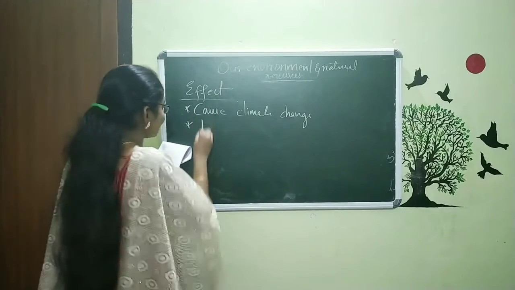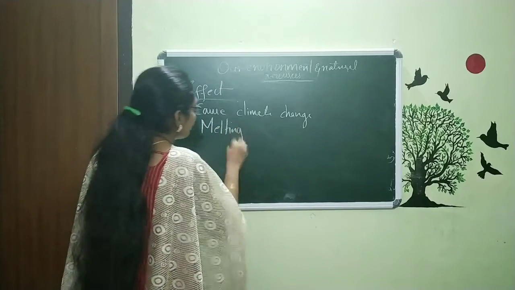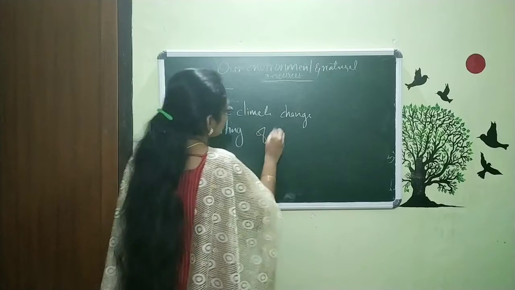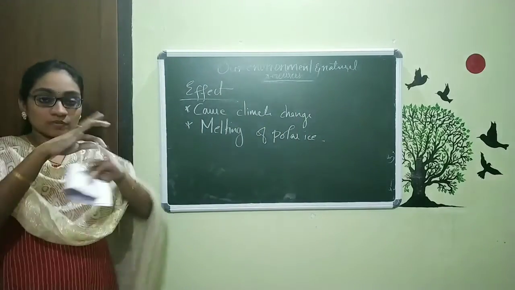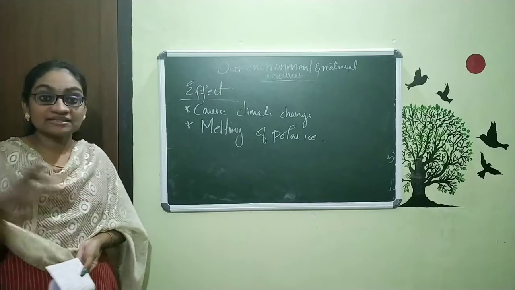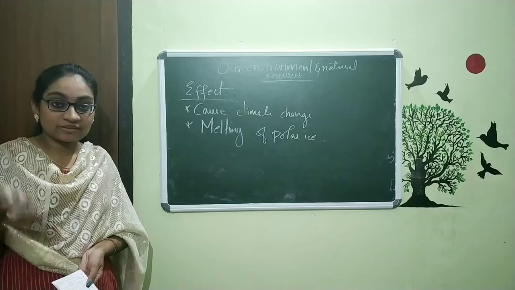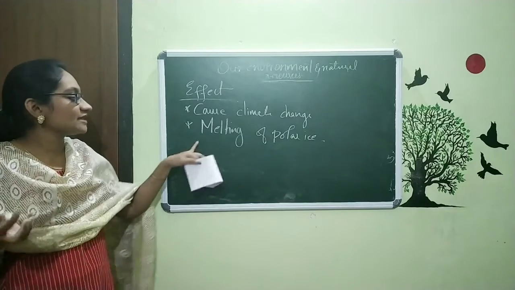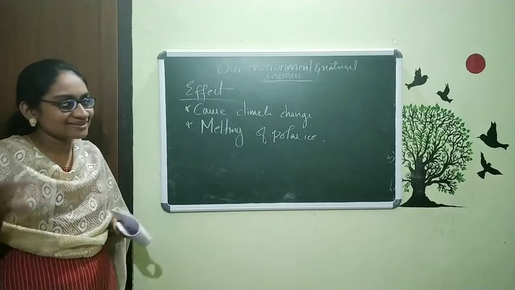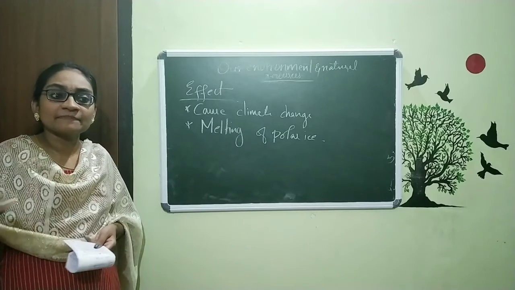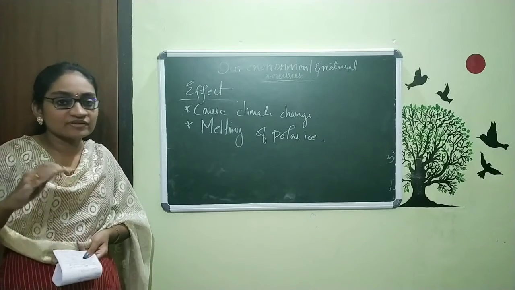The next is melting of polar ice. We know our Earth contains ice in the polar region. So because of the increase in temperature and global warming, melting of polar ice happens. When this ice melts, the water inside the sea, ocean and everywhere will increase.